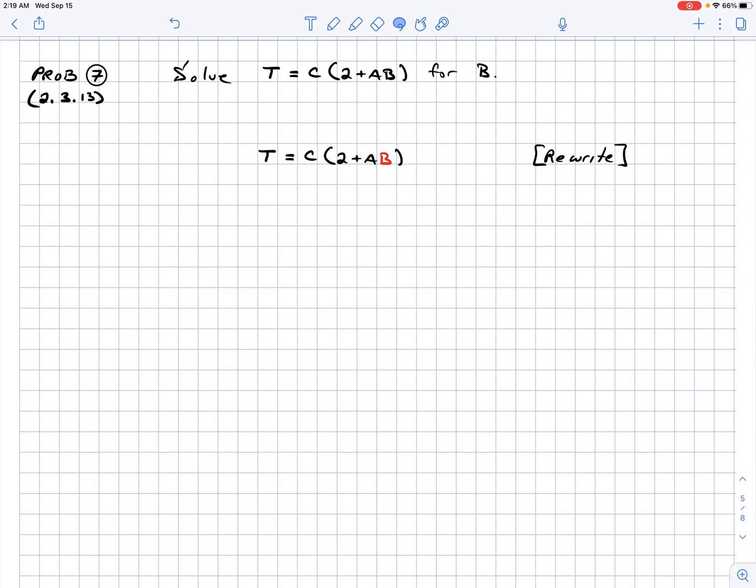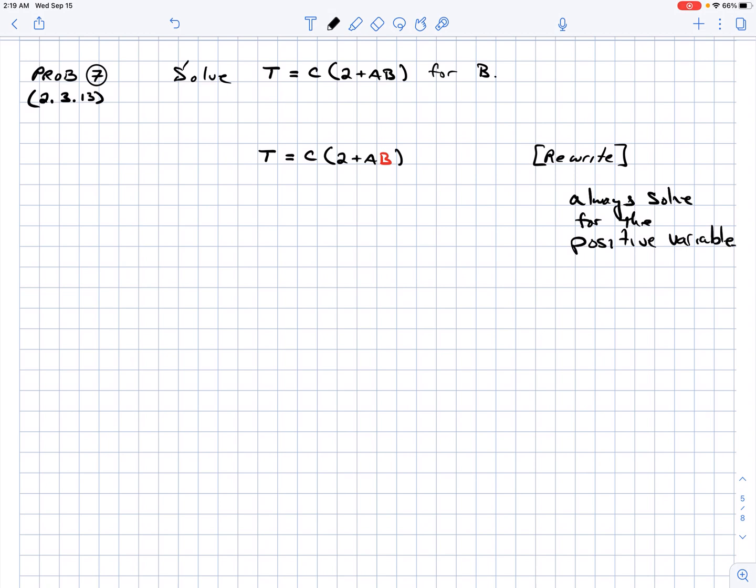That's the one we want to keep where it is because it's positive, and that's a key. You want to solve for the positive variable. So let me make a note of that. Always solve for the positive variable. Okay, just as a little reminder.